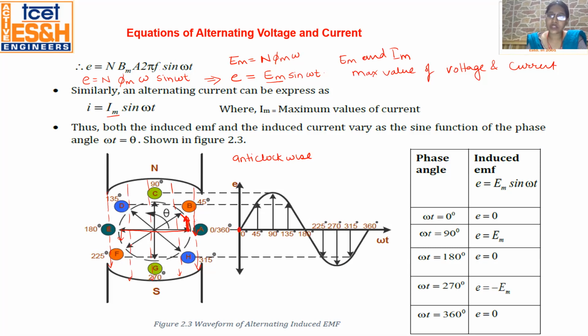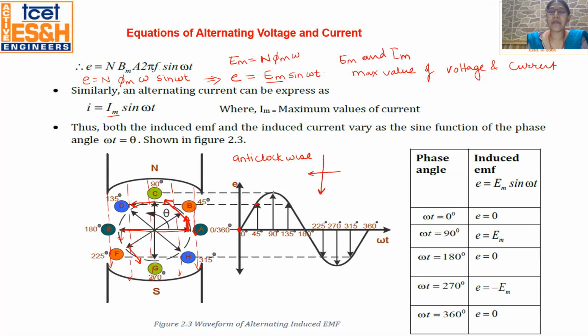When this coil is moved a little bit here, now the component of velocity is cutting this magnetic field. So some voltage is generated. Now, if we move our coil to 90 degrees, the component of velocity is in this direction and the magnetic field is in this direction.